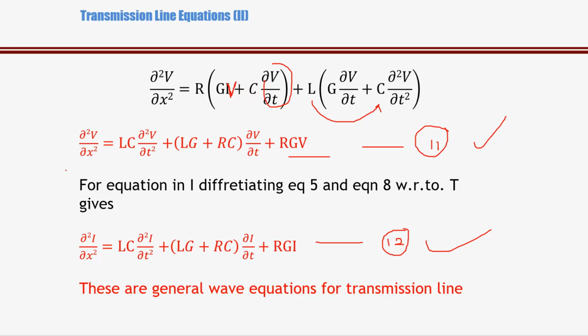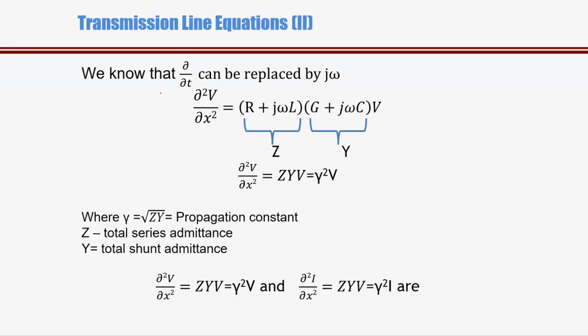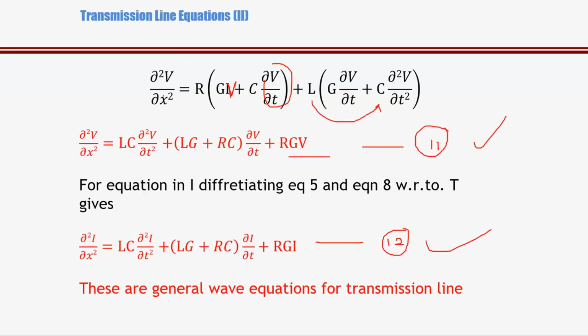So this equation gives voltage at any distance x along the transmission line, and it is represented in terms of R, L, G, C parameters and time derivative of voltage parameters also. So these are known as general equations of transmission line. Now we are going to find the solution of these equations. Because it is a second order equation, we have to assume some solution for it. So let us find out what are the things that are present here.